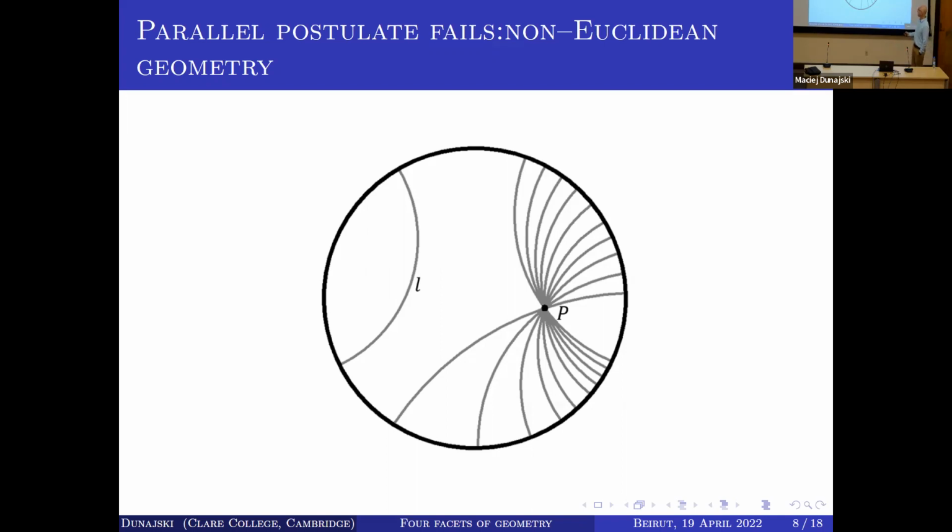In hyperbolic geometry, there are infinitely many such lines. So here's an L, a hyperbolic line cutting your circle at 90 degrees, and the P not on L, and a bunch of lines, and I could have infinitely many of them, that go through P, cut the circle but don't intersect L.